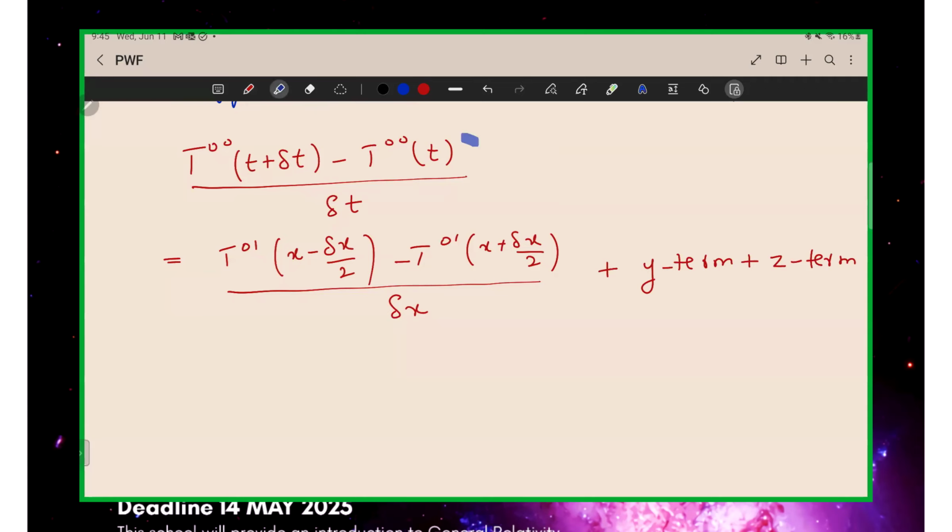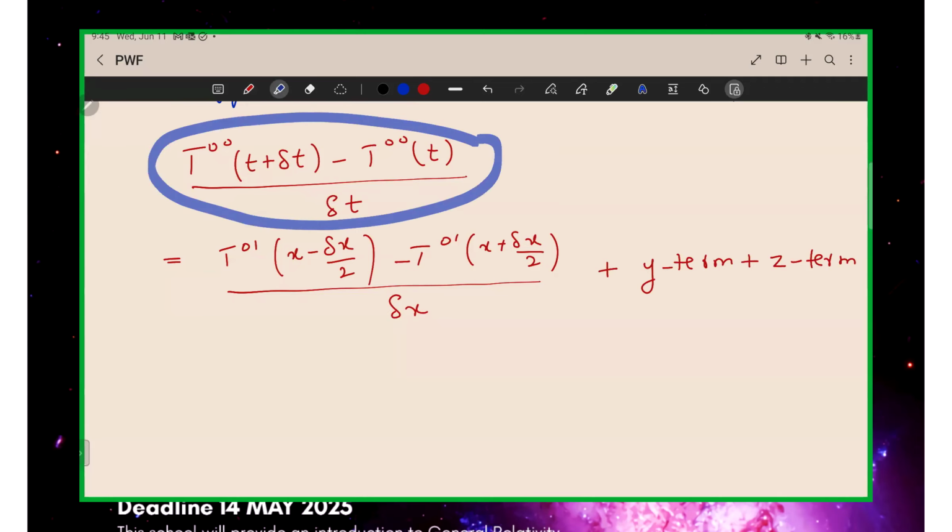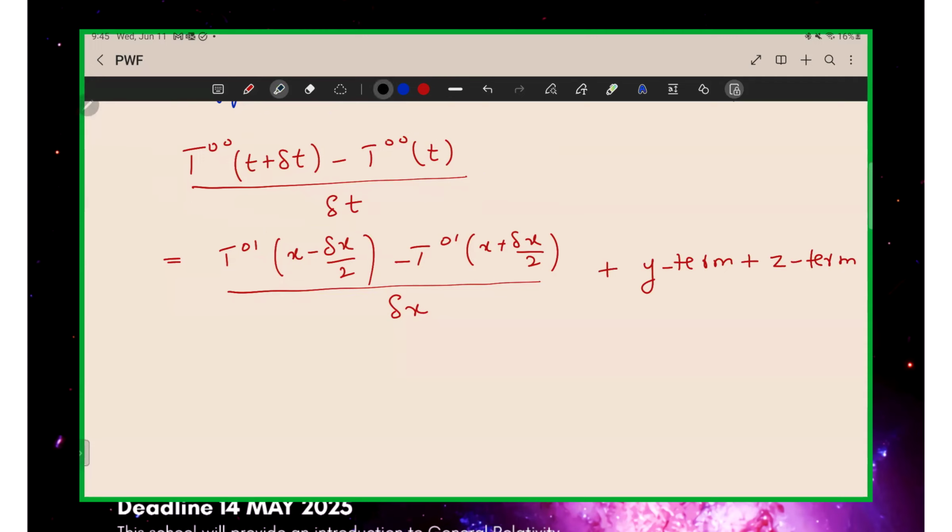Now, what is this? Well, in the limit when delta x, delta y, delta z, and delta t all go to 0, this thing becomes partial T00 over partial t. Okay, what is this?